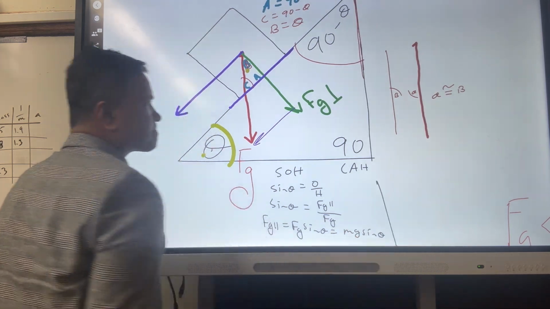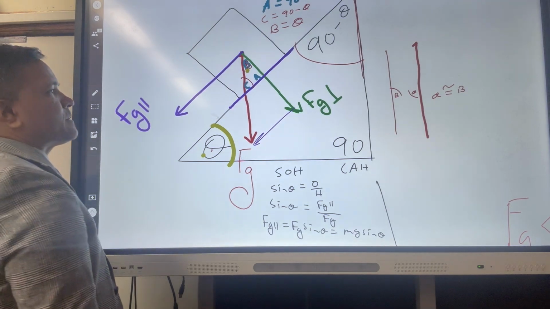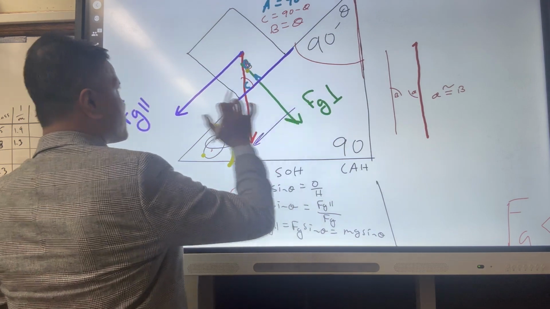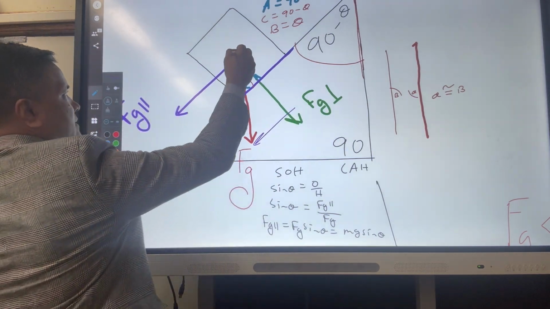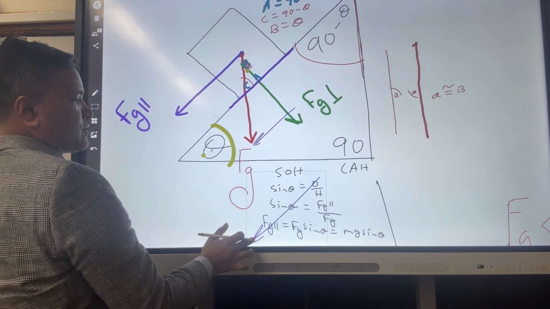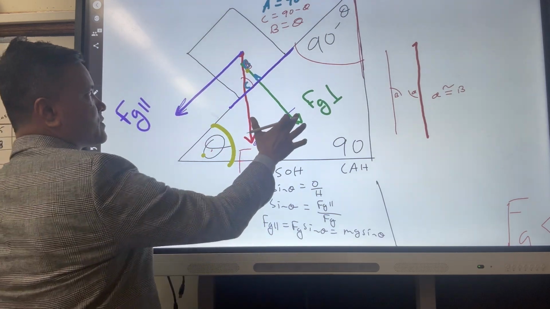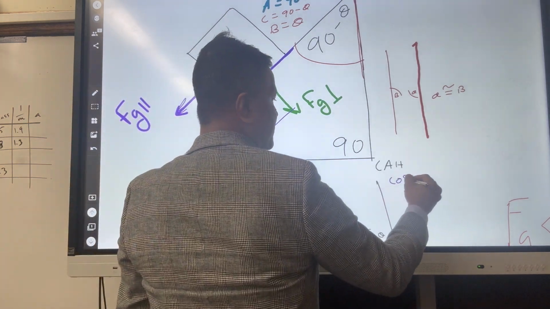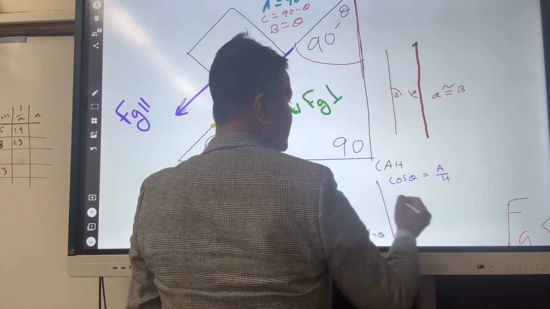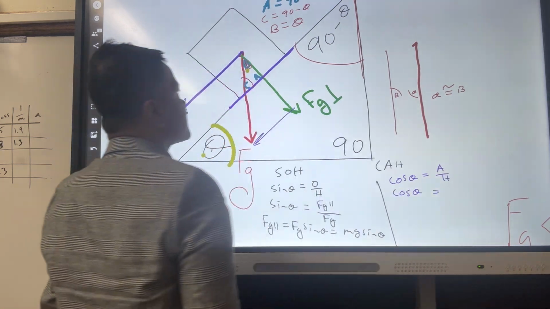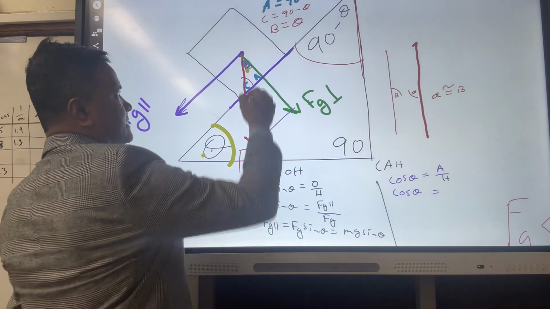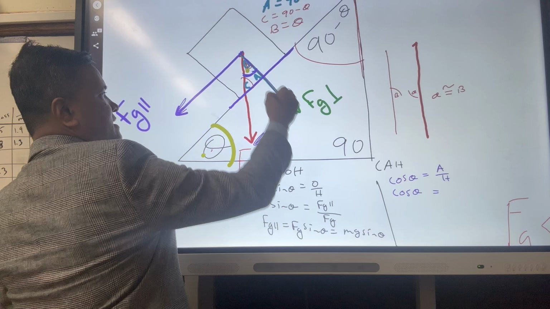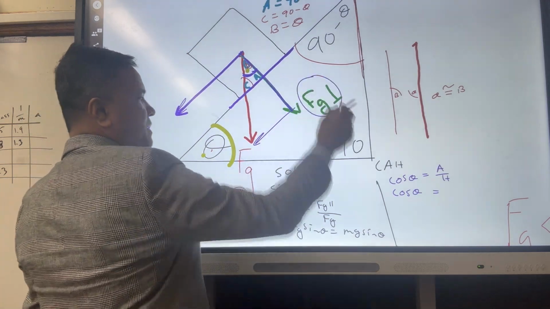Good. Now we're going to find the equation for this one. We already found the equation for this. All right, this is the equation for that. Cosine theta is equal to adjacent over hypotenuse. Cosine theta, adjacent. What is adjacent? With respect to the angle B, adjacent is this side, and this side has a name, FG perpendicular.